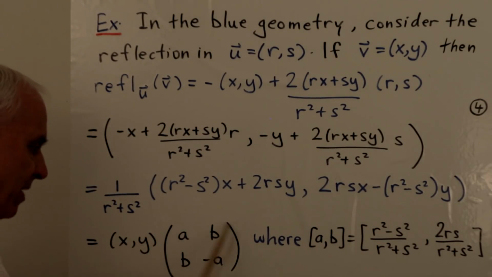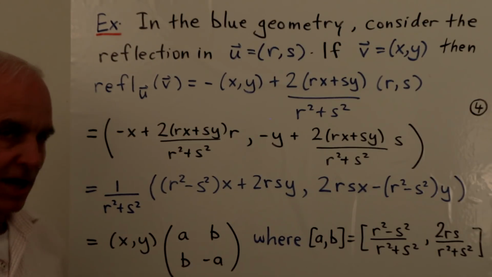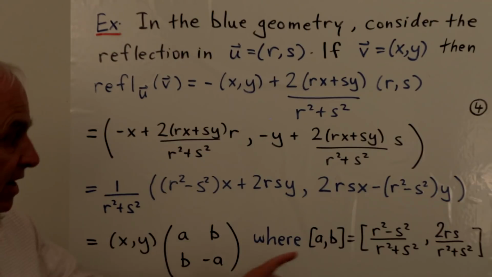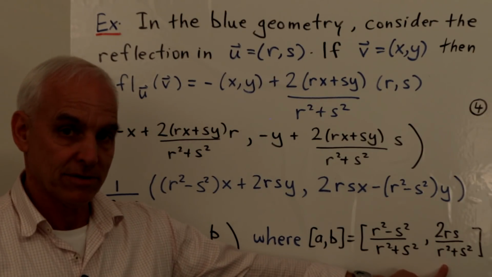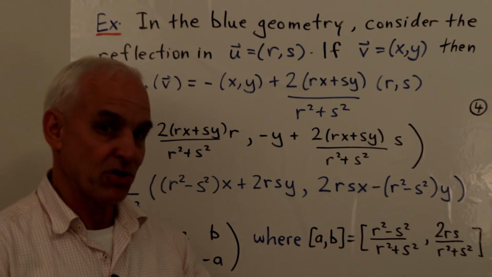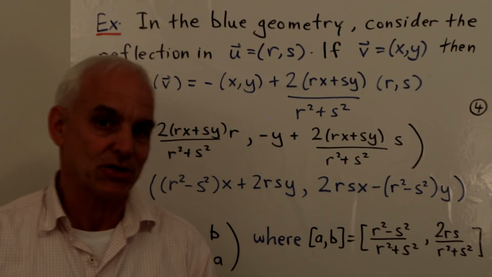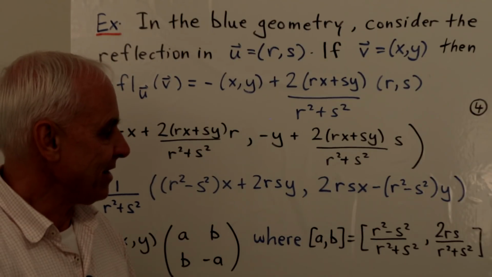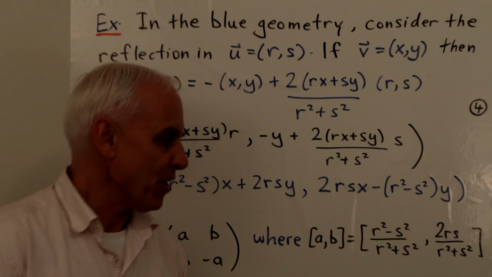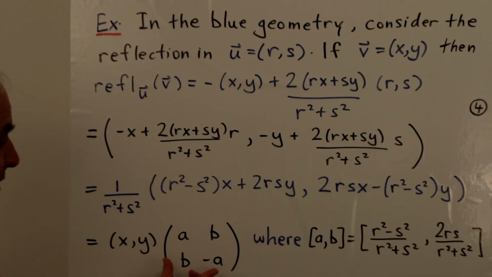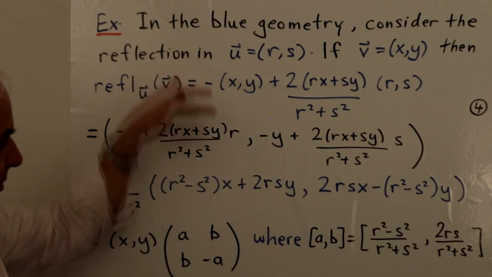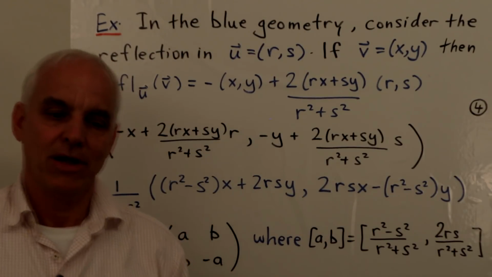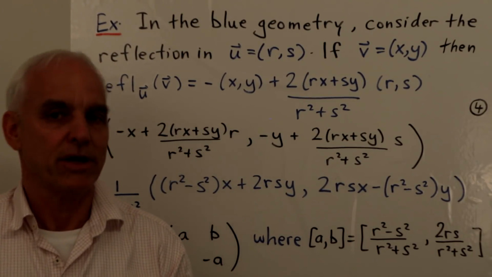It's given by this matrix, a, b, b, minus a, where the point AB does indeed lie on the unit circle, because we recognize this is the projective parametrization of the unit circle. It's the projective parametrization of the unit circle, and that's always a point on the unit circle. And so that's why we're getting this form of the reflection. We're just going through the formula for the reflection in general applied to the blue Euclidean geometry.